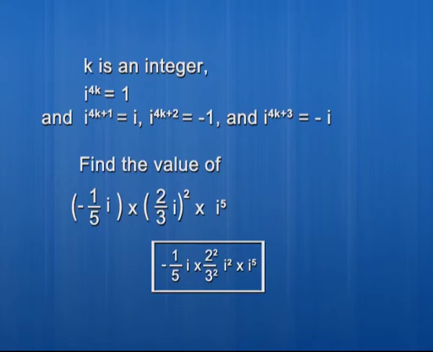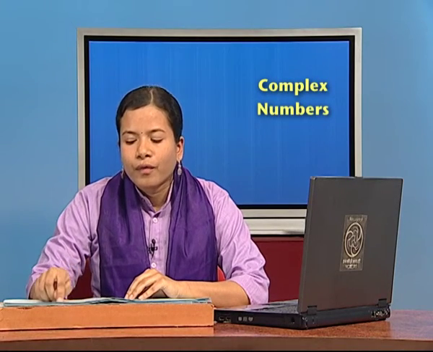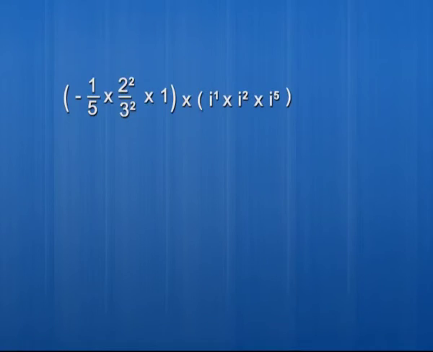You can see that minus 1 by 5 was the number with i, so I took minus 1 by 5. 2 square upon 3 square was the number with i square, so I took 2 square upon 3 square, and there in the question only i^5 was given, so I assume that its number is 1. And here in the question there was i with no power given, so I can assume that the power of i is 1, and I took i square and i^5 and am taking their multiplications.